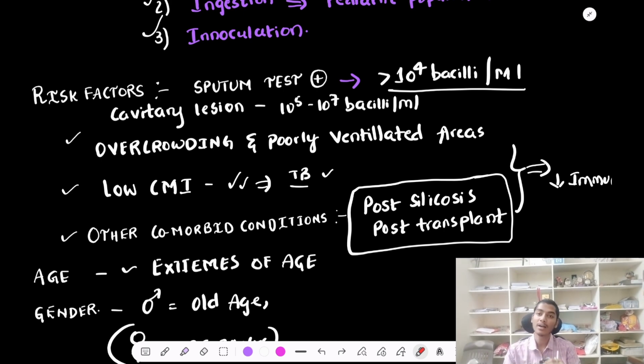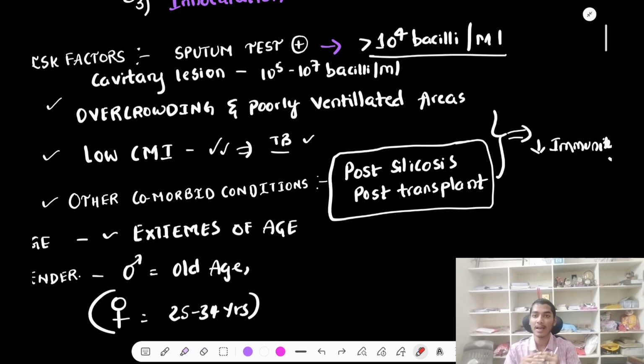Then we have the other risk factor that we will study in the SPM, the overcrowding and poorly ventilated areas. As you can see nowadays, there are commercialized buildings where in a small space there are more rooms allocated. If a room is designed for two persons, then only two persons should be present there.